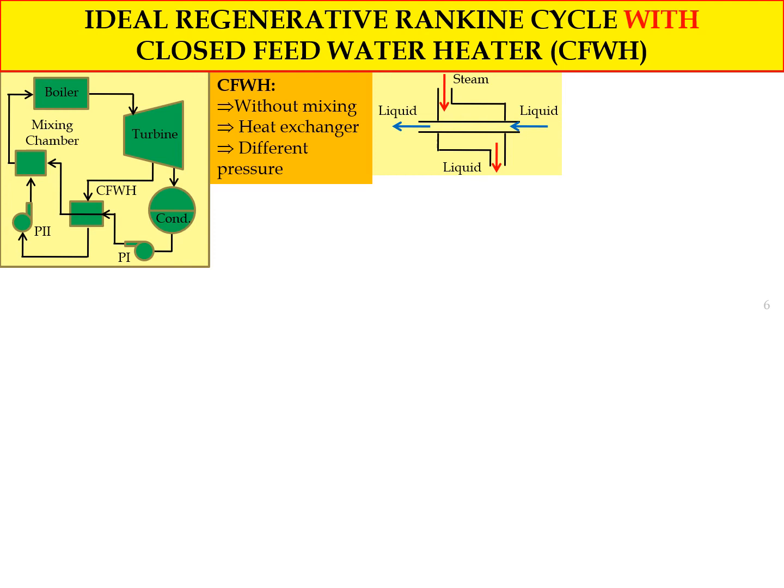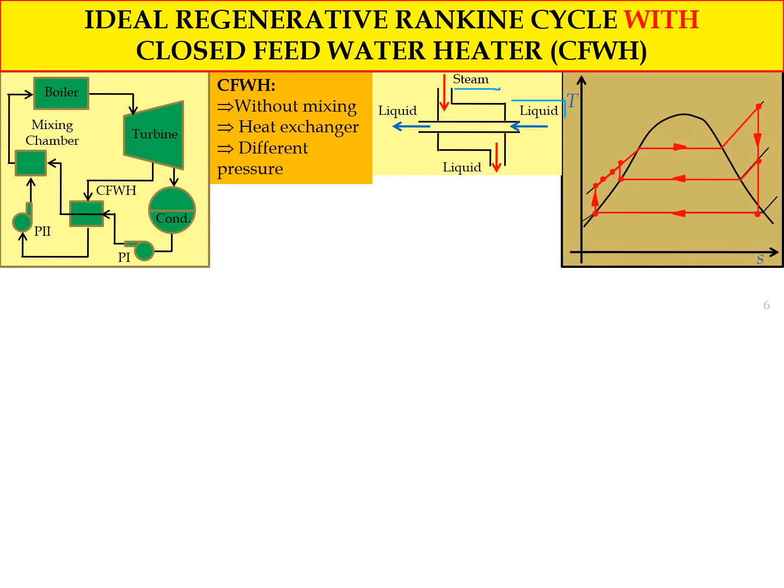This is steam from the turbine, and this is the liquid from the pump. So this is a counter flow heat exchanger, and this is the T-S diagram of the closed feed water heater.